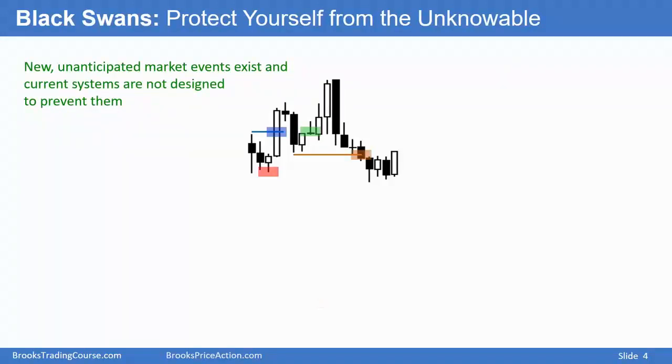Another very important reason why you should place stop orders whenever you're in the market is because of black swan events. These are unanticipated market events, and they're real, and they come every now and then, and current systems, your broker, the exchanges, are not designed to prevent them because they're unanticipated.